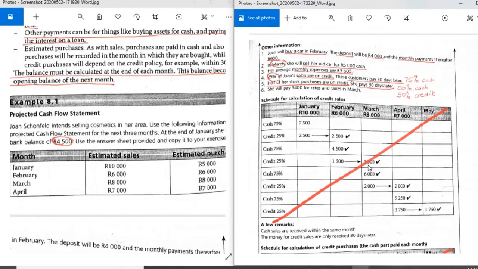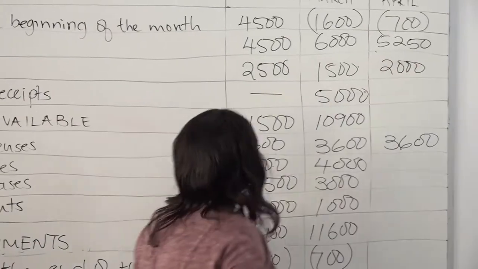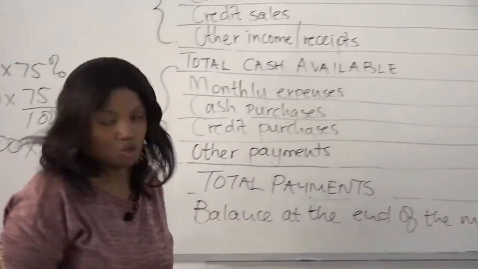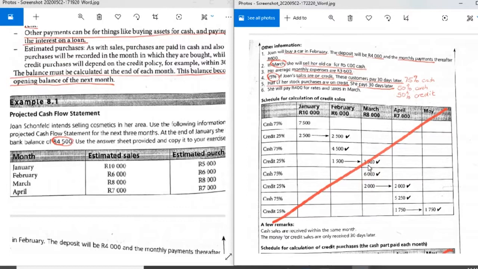Then our credit sales, remember we go to the previous month, which is March. Our sales for March was 8,000 rand. We calculate 25% of 8,000, which gives us 2,000 rand. Do we have other income? As per information provided, we don't have other income.